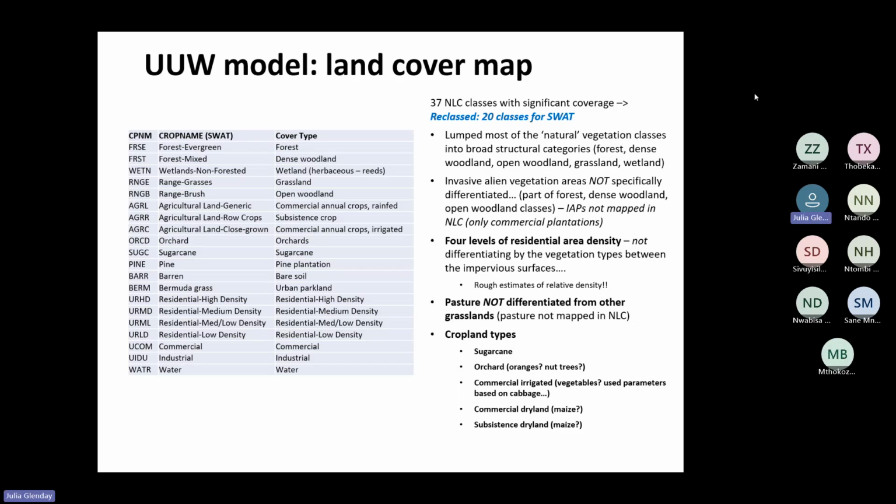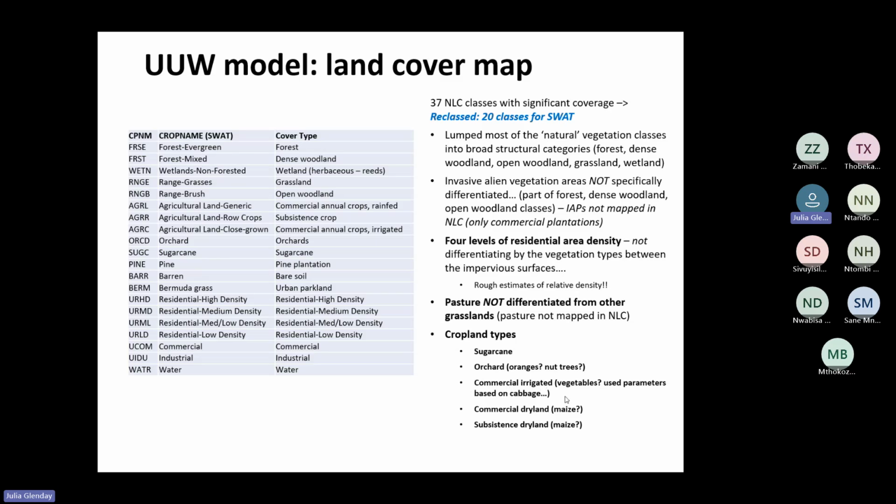And then the cropland types that are included in the model setup as it is now are sugarcane and orchard. That's mapped by the National Land Cover. I assumed based on the region that it's primarily oranges or nut trees, or a mix of those. And then commercial irrigated crops.